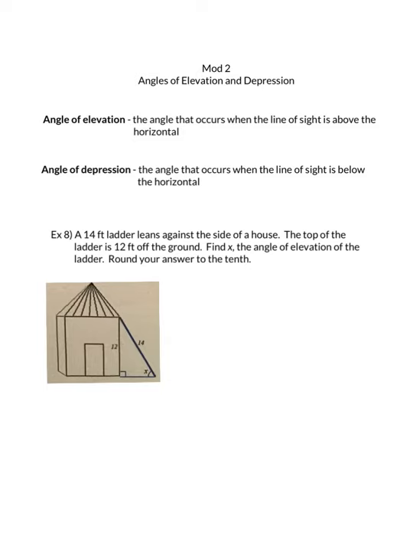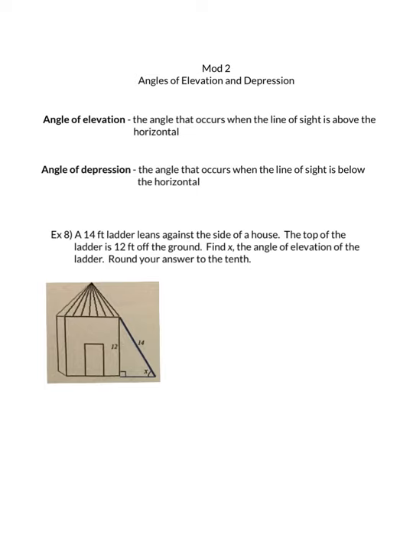On example 8, we are given that a 14-foot ladder leans against the side of a house. The top of the ladder is 12 feet off of the ground. We are asked to find x, the angle of elevation of the ladder, and we are told to round our answer to the 10th.